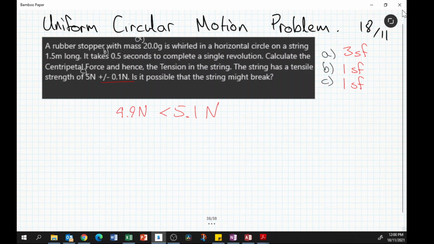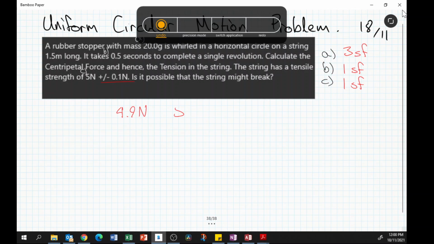If it's between 4.9 and 5.1, it's probably going to break, but we don't know. You might have gotten lucky and your string could be a little bit stronger than the others we tested, and it might handle up to 5.09, but it won't handle more than 5.1. That's what that's telling us.